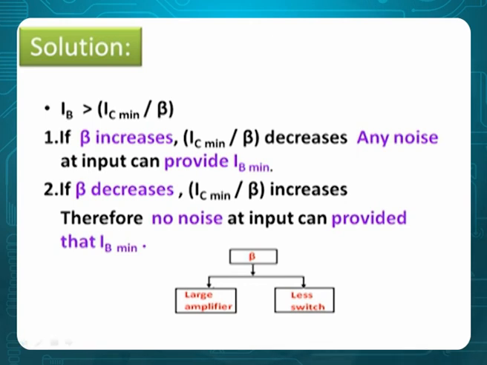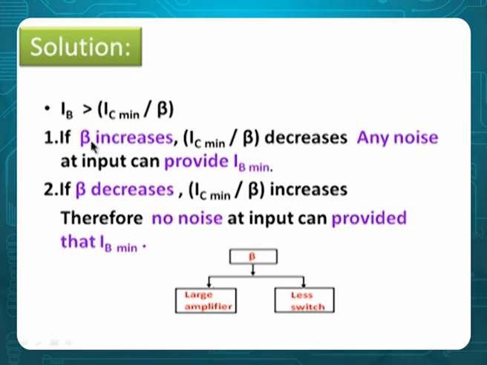For example, the condition is IB greater than IC minimum by beta. IC minimum by beta is the minimum required IB. This is given. What is required from output, what is given from input. Both are equivalent to IBs, because IC by beta is nothing but IB. So if you give more than required, we call it saturation.